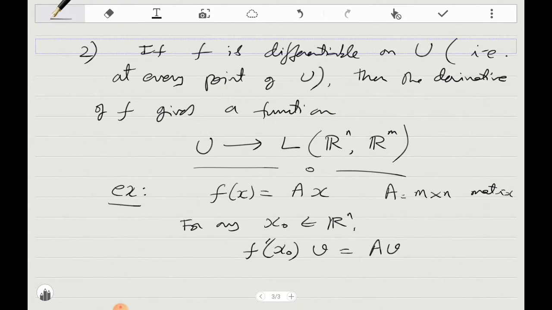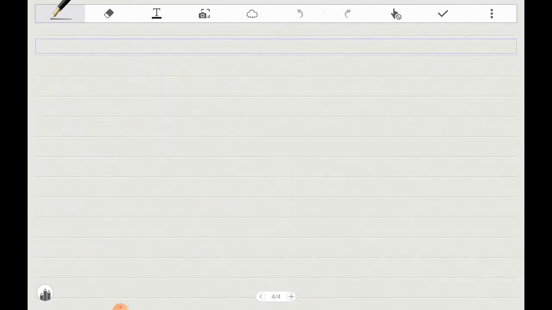In other words, it's the same as f of v. And this is immediate from the definition. By the way, this is the only way one can check whether something is the derivative or not: you have to go back to the definition.